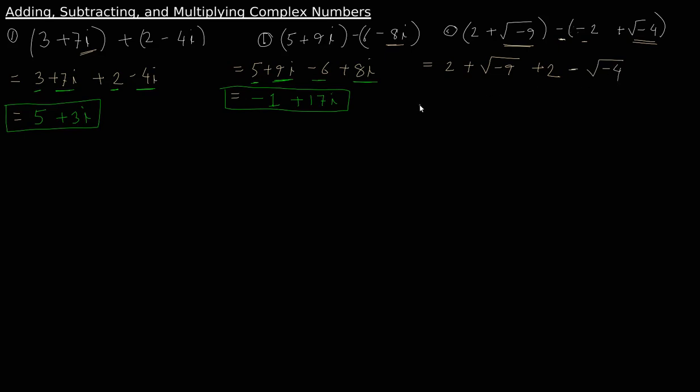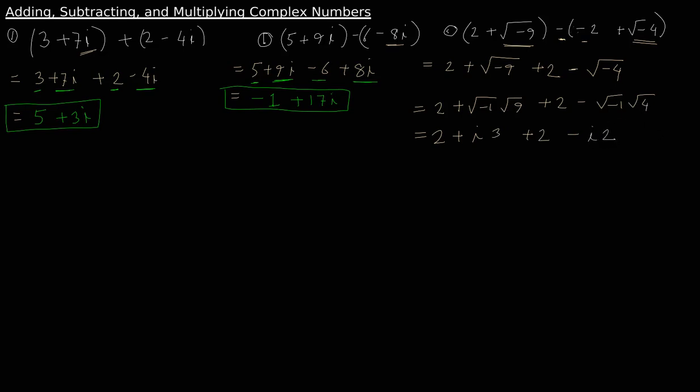Here again we did it in the previous video, so it is 2 plus square root of negative 1 times square root of 9, plus 2 minus square root of negative 1 times square root of 4. So what I get: 2 plus, square root of negative 1 is i, and square root of 9 is 3, plus 2 minus, square root of negative 1 is i, and square root of 4 is 2.